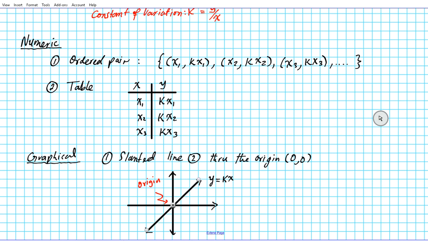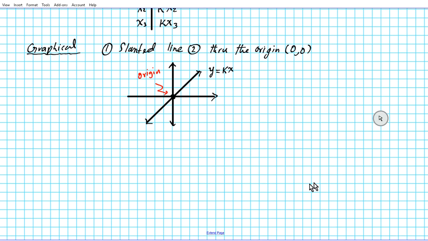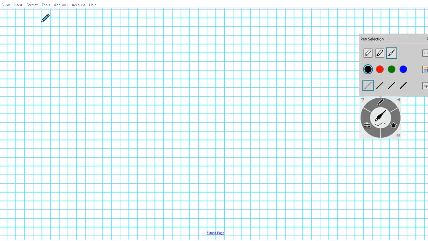Okay, now we're going to put our knowledge of these forms of direct variation to use to answer the following questions. Alright, so for number 1 to 4, the instructions are as follows.